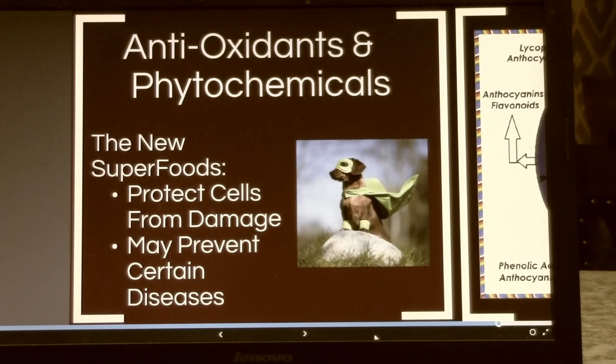So in order to understand the basic premise of this, oxidation is damage that's done to your cells. So every day we get inundated by things that are damaging our cells. So things that come in with the food that we eat, the air that we breathe, the fluids that we drink, things that are in our environment that travel into our bodies along with everything else that can do damage to our cells.